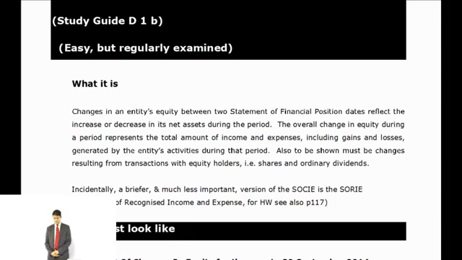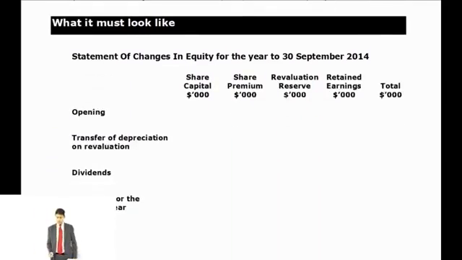Also to be shown must be changes resulting from transactions with shareholders, things like shares and ordinary dividends, etc. And there's something else called the SORI, which came up once, and the examiner was greatly criticized for examining it, so don't worry about that. It's like half a SOCI, so don't worry too much. SOCI is the one that's come up 15 times at least. What it must look like, it's always for the year, by the way.